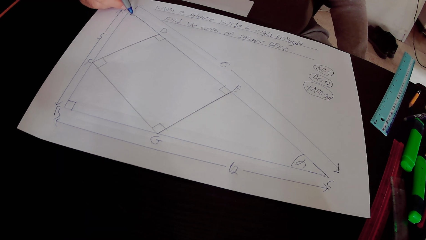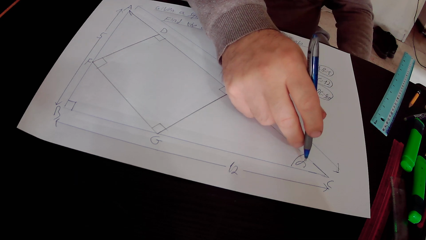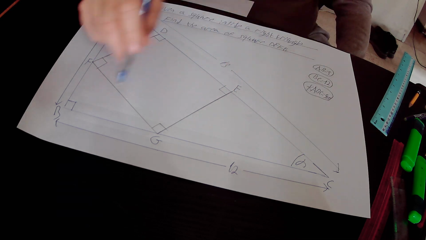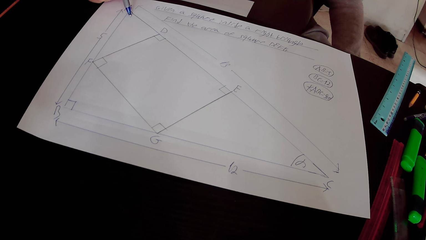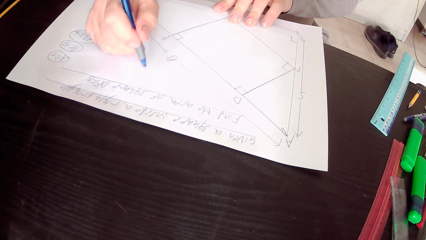Why? Because 90 degrees minus alpha plus alpha is 90 degrees, and 90 degrees plus 90 degrees is equal to 180 degrees. That is the sum of the angles in any triangle. So the missing angle here must be equal to 90 degrees minus alpha. We define 90 degrees minus alpha as beta.